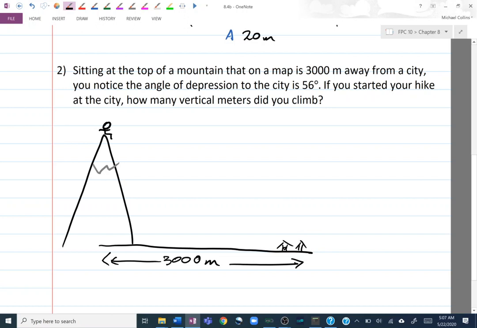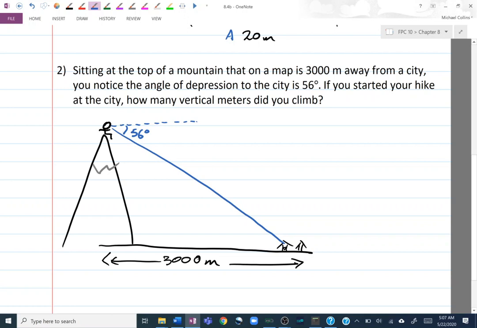And it tells us that the angle of depression is 56 degrees. So angle of depression is from a horizontal, and I'll draw that dotted so it looks like the definition, from a horizontal down. So from the horizontal down, angle of depression to the city is 56 degrees.